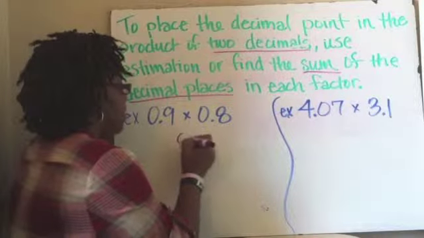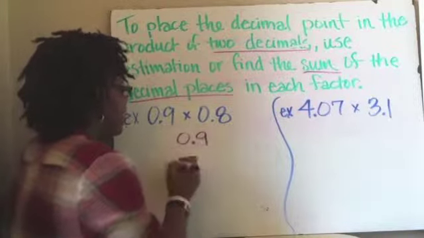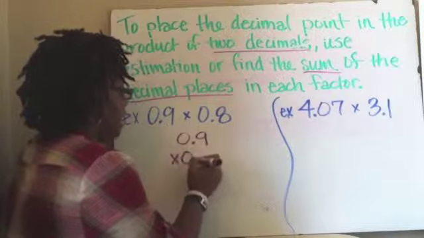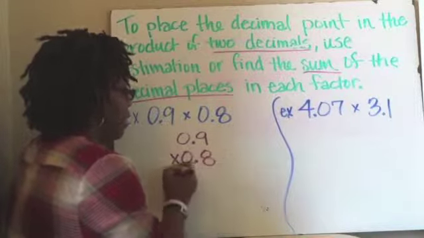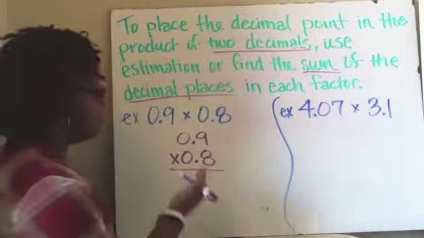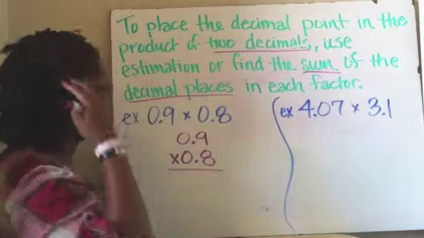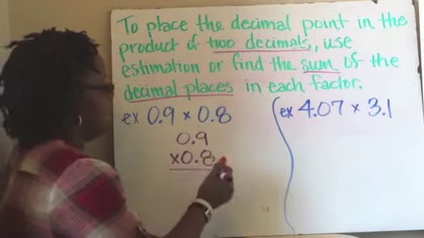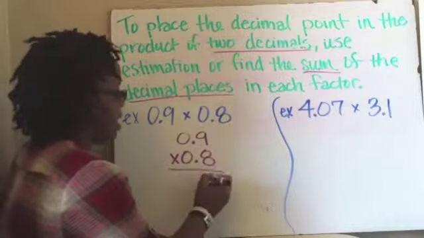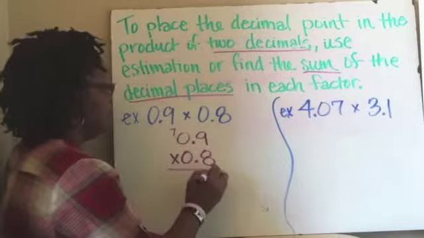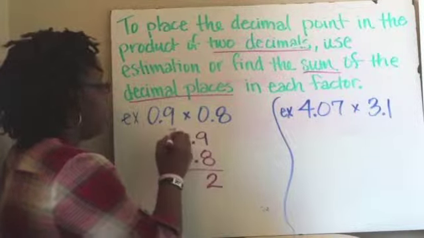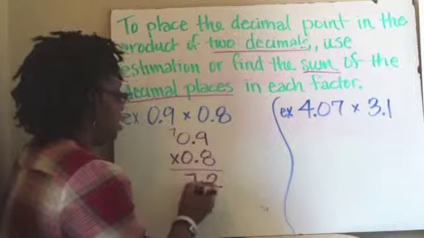Our first example, we've got 9/10 times 8/10. And remember, the decimals don't have to line up, but in this problem they just happen to. Okay, so I'm multiplying as normal. 8 times 9 is 72. Carry my 7. 8 times 0 is 0. Plus 7 is 7.